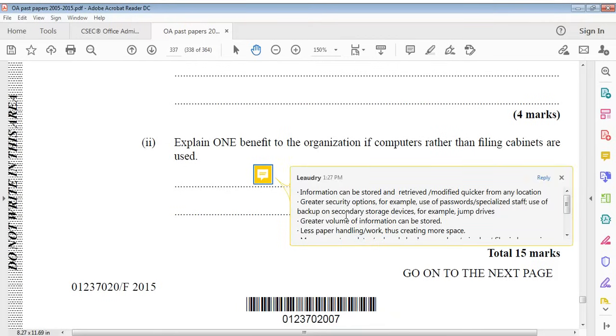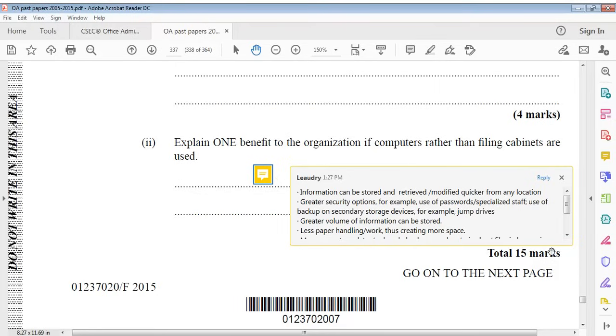Well, 1, information can be stored and retrieved or modified quickly from any location. 2, greater security options. For example, use of passwords or specialized staff, use of backup on secondary storage devices, for example, jump drives. 3, greater volume of information can be stored.